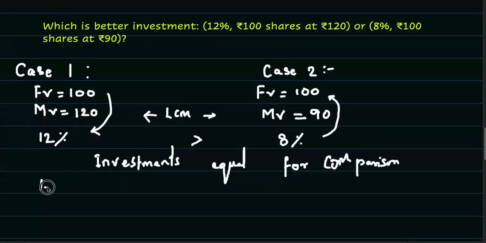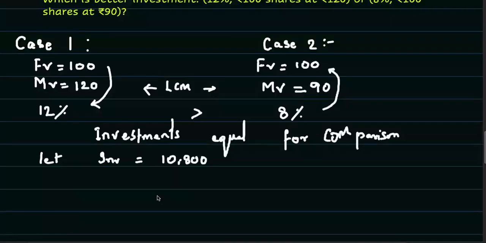Okay, let the investment equal 10,800. If the investment is 10,800, in case 1 how many shares will I get? In case 1 I will get 10,800 multiplied by 12% divided by 120. So if I do this calculation, I will get 1080.